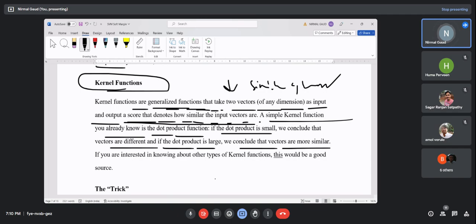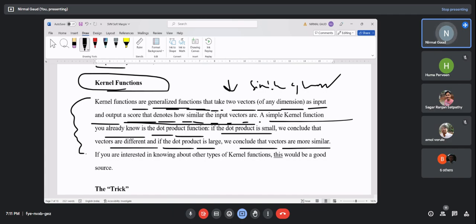What actually does this mean? Two vectors, if the dot product is small or large, then they are not similar or similar. We need to crack this concept, because kernel is an important term here.